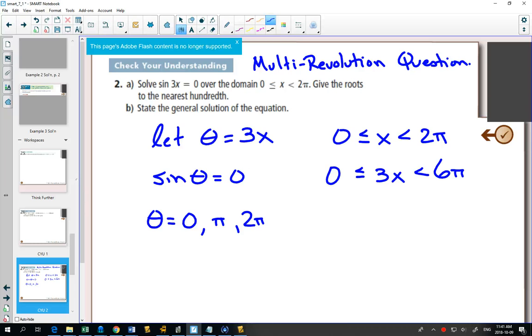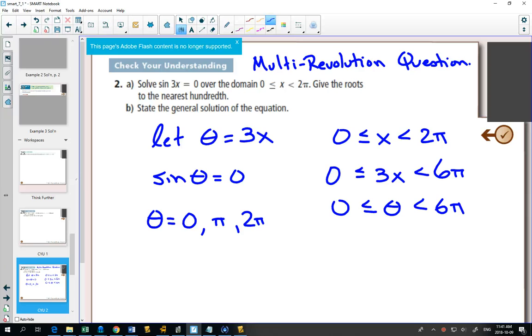And so theta has to be between 0 and 6 pi, because theta is equal to 3x.